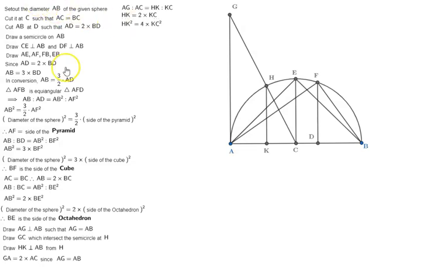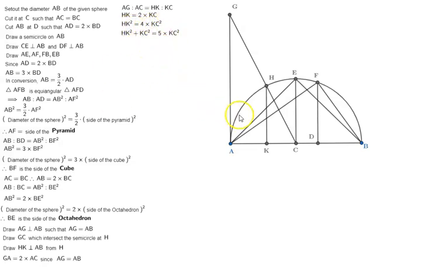So now let's square both the sides. We get the square on HK is equal to 4 times the square on KC, and HK square plus KC square is equal to 5 times KC square. So here we have added KC square to both the sides.